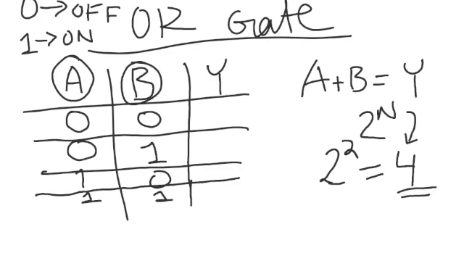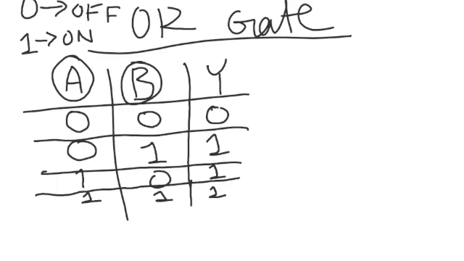So in this table, the second row has one input on, so it's going to be 1. Third row, one input is on, so it's going to be 1. In the last row, 2 inputs are on, so it's going to be on. Only in the first row, both the inputs are off, so it's going to be off.